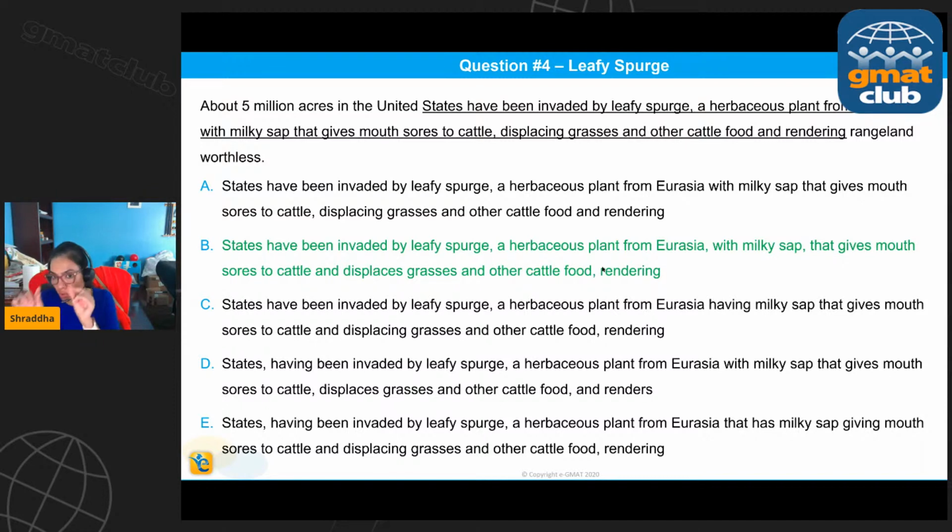The two commas are there to enclose with milky sap between them, so that that gets the freedom to jump over it to modify a herbaceous plant. But if we remove with milky sap in the sentence, we will remove both the commas. There will be no comma before that. Make sense?